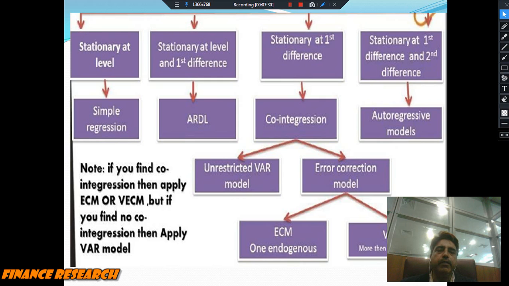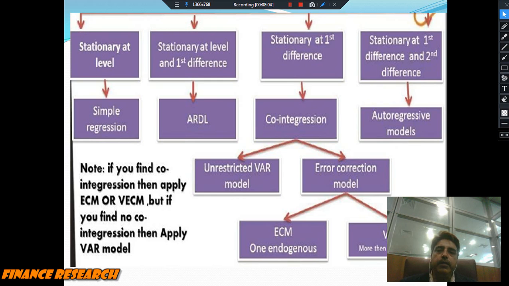For example, if I say you have to use the forecast method known as ARIMA, the auto-regressive integrated moving average model, before that you must apply the Granger-Cause model and check whether they are partially correlated or auto-correlated. There are many more advanced tools and techniques that can be used, but before that you must find out whether your residuals are stationary at level, at first difference, or at second difference.